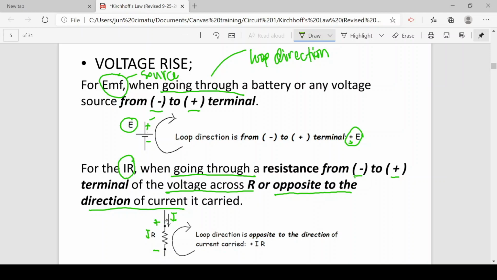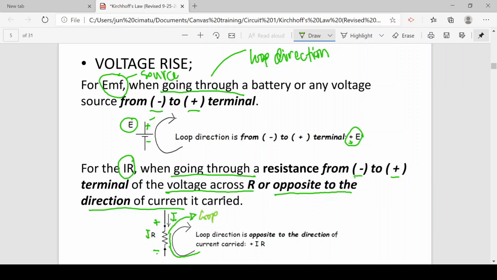So if we go, this is the loop direction, we are going through the resistance in a direction from the negative terminal, leaving the positive terminal.